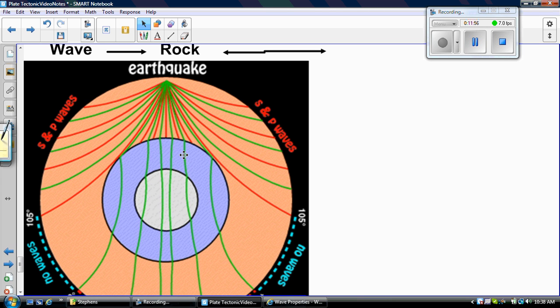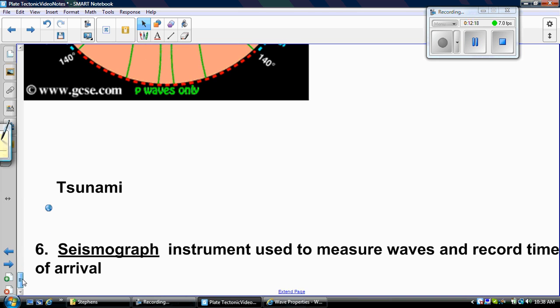So we can measure that, and that's kind of how we found out where our solid and liquid layers were underneath Earth. And remember, secondary waves can't travel through liquids. So you see the red, they can't travel through the liquids. So we were able to find out what part of the mantle was liquid and where our outer core was a liquid as well. So we used earthquake data to determine the inside of our Earth.